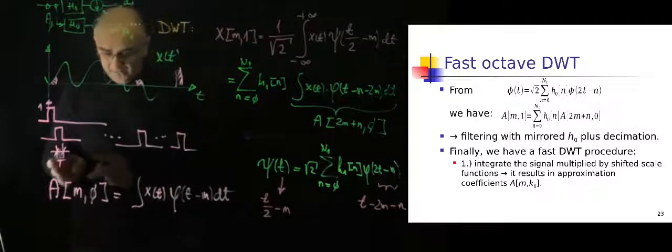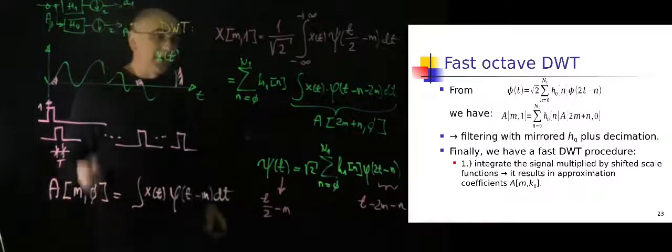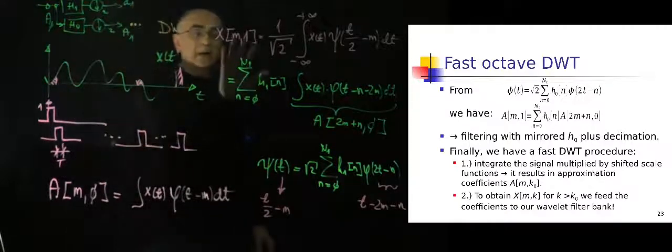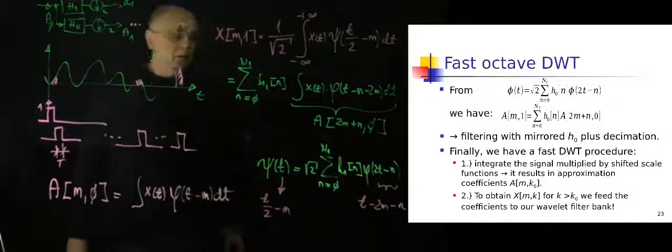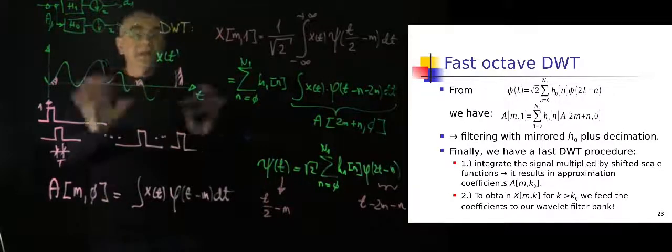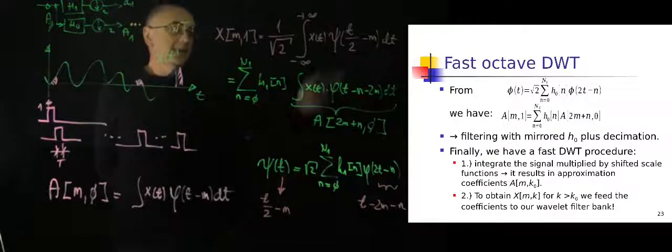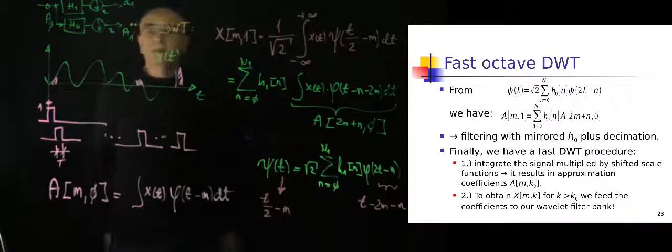Then, once we have it, we can just feed the wavelet tree to calculate all the remaining coefficients without the need for direct implementation of this integral form. So it just arrives from the wavelet filter bank.